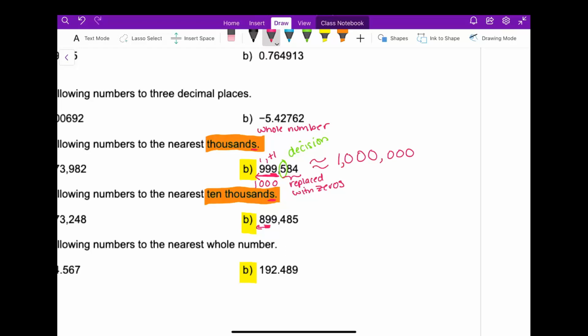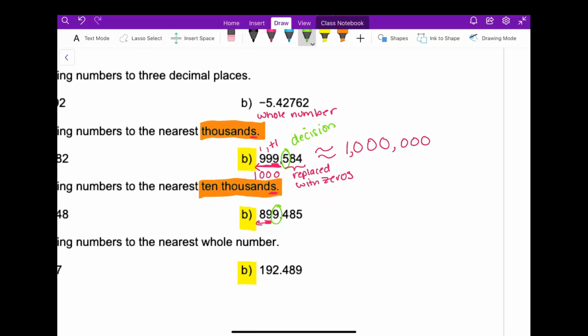These are the ones we're going to keep, and everything else is going to change to a 0. Our second rule is, after we've underlined, we circle our 9, that's to the right of our underline, and we make the decision with the question, is this 5 or more? Yes, it is.